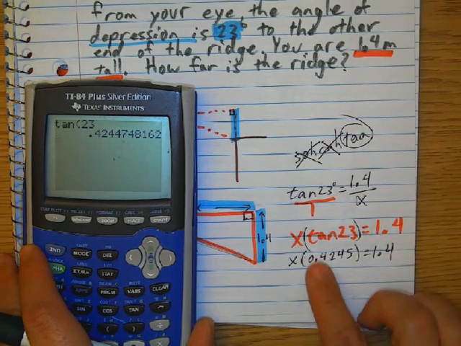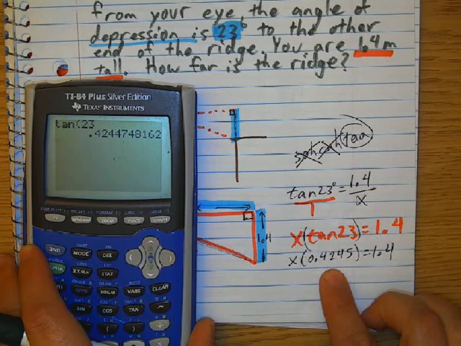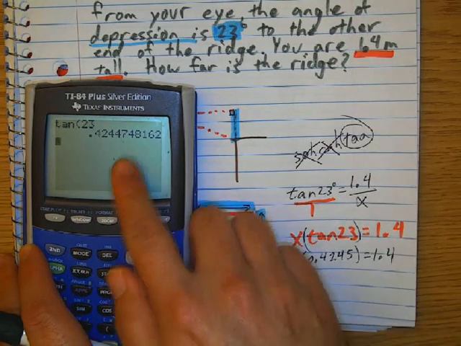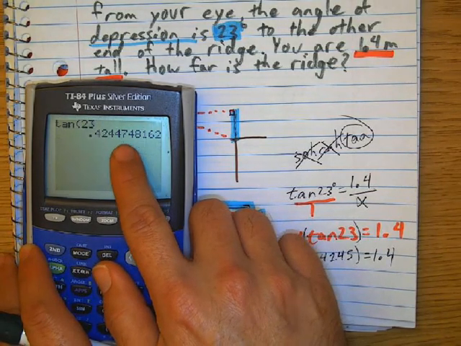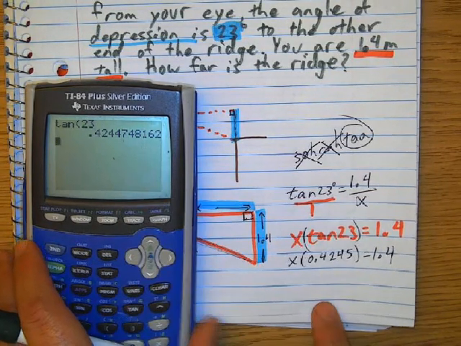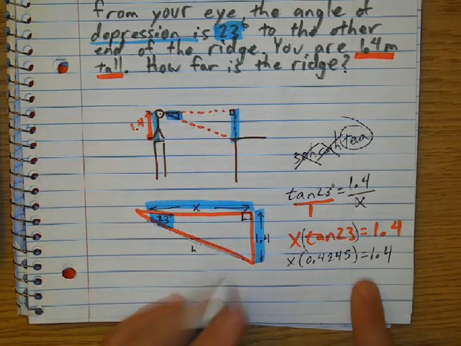I substituted tangent 23 with this decimal. Now notice here I rounded up. If this number, the 7, is higher than 5, then you round up. Now to solve for x, I need to divide both sides by that decimal.